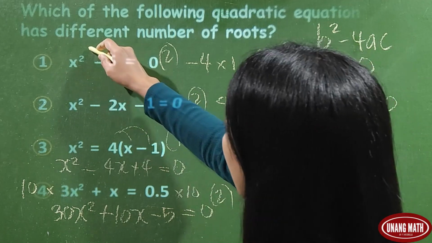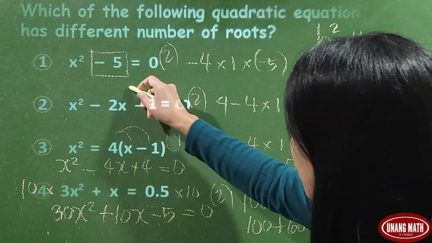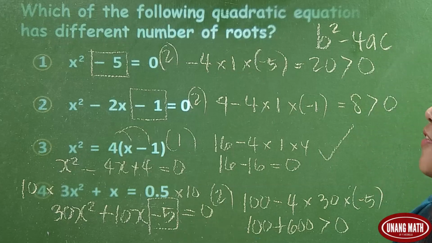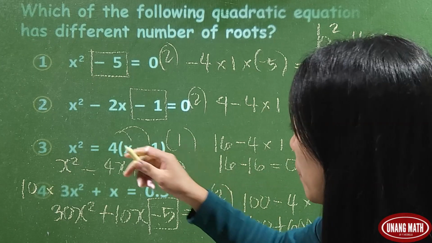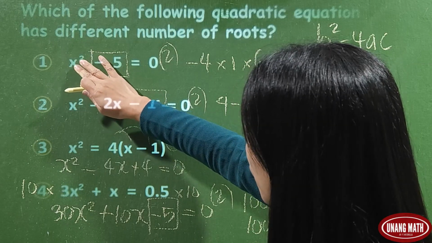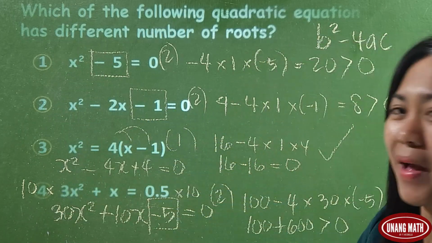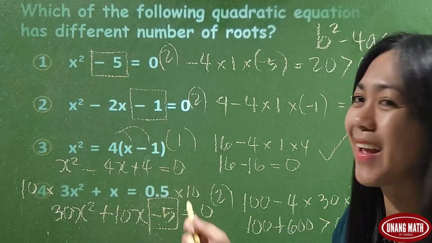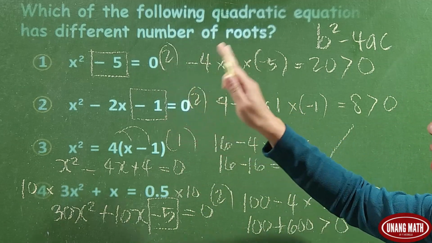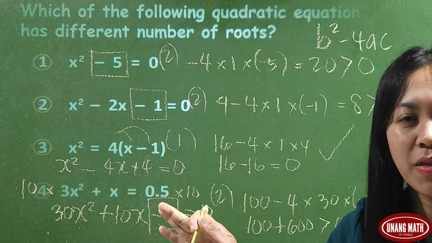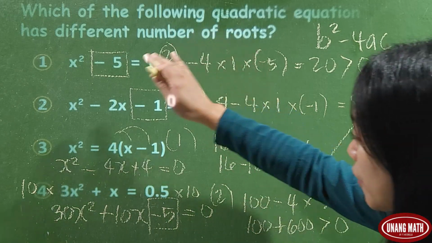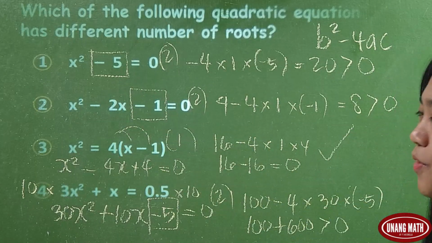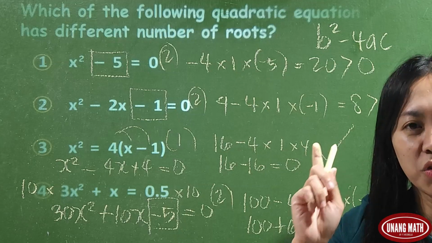If the constant number of that quadratic equation is a negative value, like negative 5, negative 1, and here also negative 5, and we already know that usually the coefficient of x squared is positive, then that quadratic equation has two solutions, even without using our discriminants.